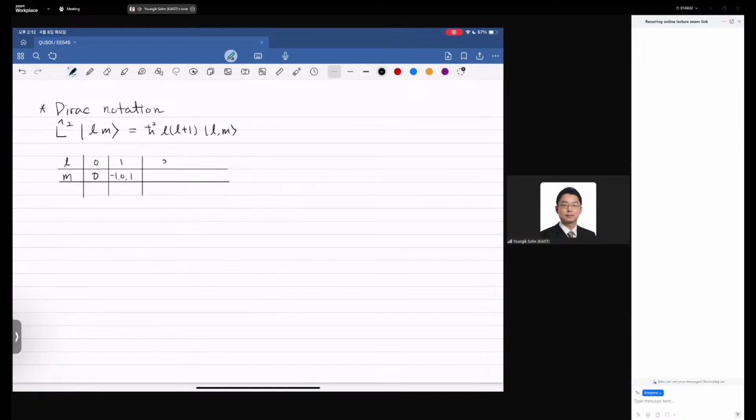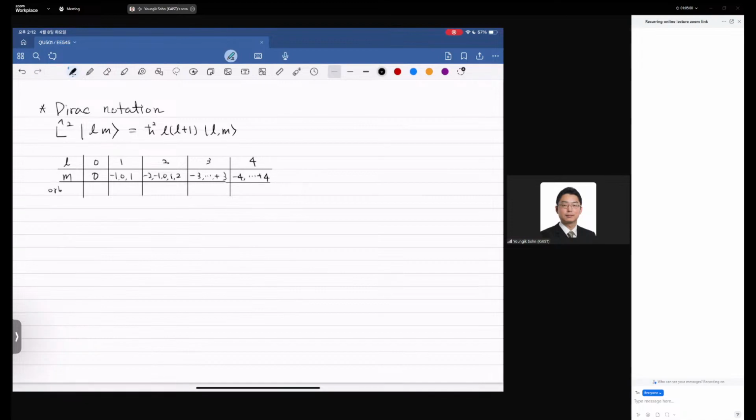L is 2, and so on: minus 3 to plus 3, minus 4 to plus 4.